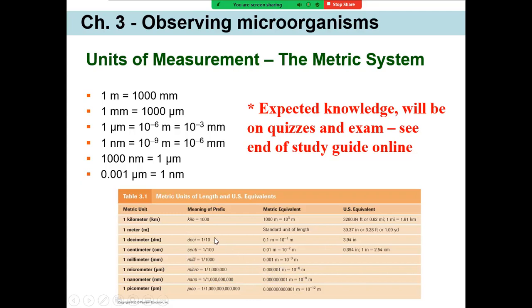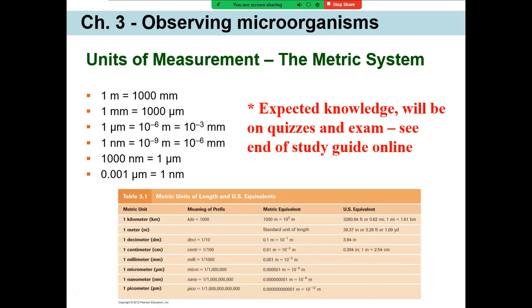You're expected to know, like I said, most of this column and most of this column. And I guess most of this column. And it's really easy converting in the metric system because each unit is based on a unit of 10. A meter is the basic unit. And let me see if I can remember. I think a decameter is 10 meters. You don't need to know the decameter.